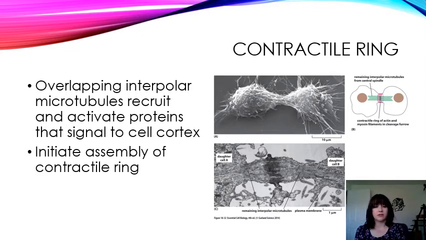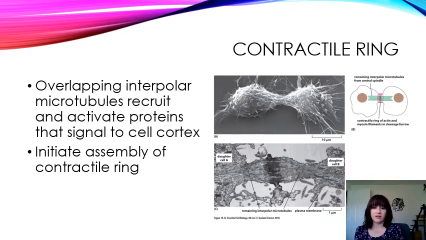So we have a contractile ring made out of actin, so it's really important to keep track. The mitotic spindle is made out of what? Microtubules, whereas the contractile ring during cytokinesis is made out of actin. And then there's also myosin proteins that help to tighten that ring. And again, this is just on the underside of the cell membrane. And so here we have some electron micrograph images of cells dividing.